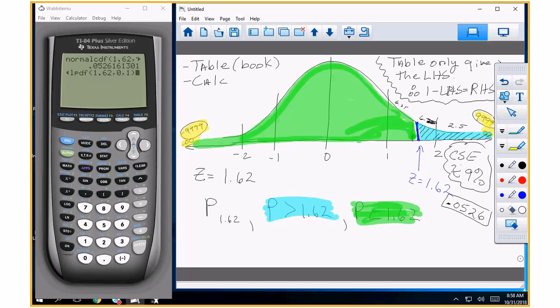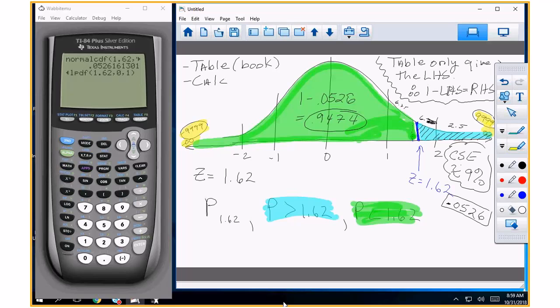So this would be 1 minus 0.0526, and that's going to equal 0.9474. So what's the green area? The green area is 94.74%. Now what did we just find? We found out the probability of a z-score being above 1.62.